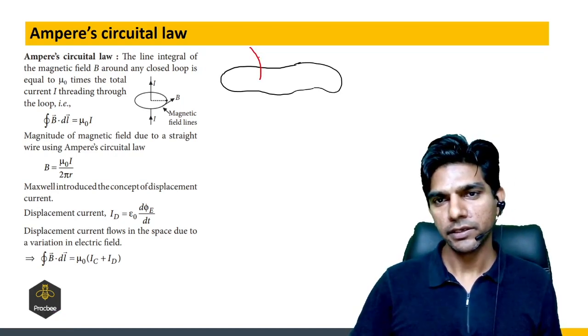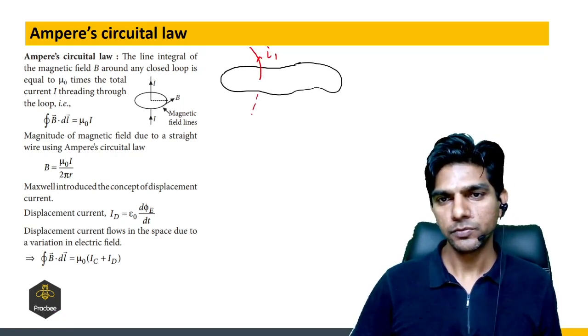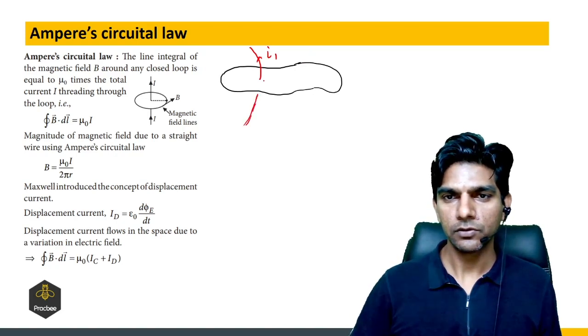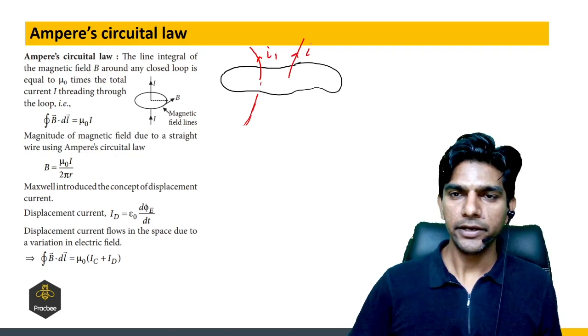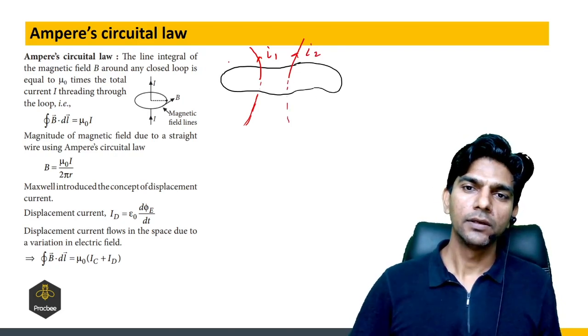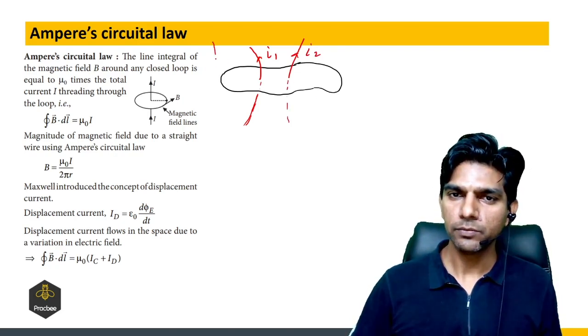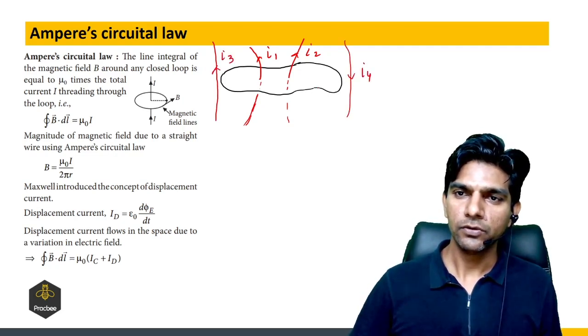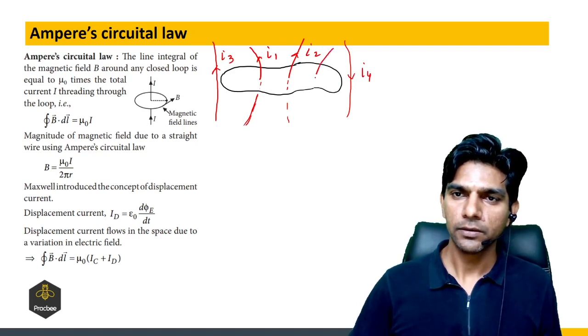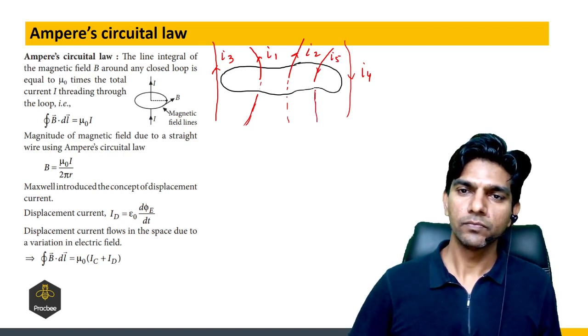So let us say there is a current I1 which is piercing this loop, and there is another current, say I2, piercing, and there are some currents which are not piercing but are quite close to this loop. Let us say this is I3 and there is another current I4, and let me take one more current I5 which is also piercing this loop.